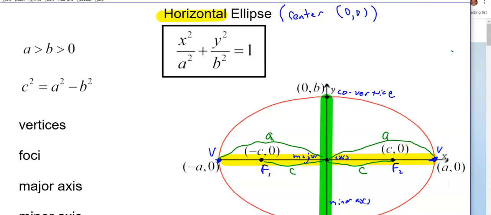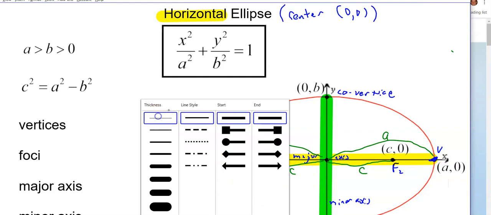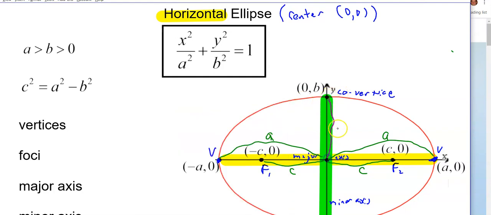The minor axis, this might make sense. This distance here is b, and this distance from here to here is b. So b is always smaller because the major axis is longer, so the minor axis would be smaller. Half the major axis is more than half the minor axis.